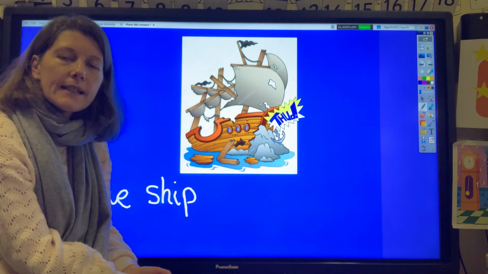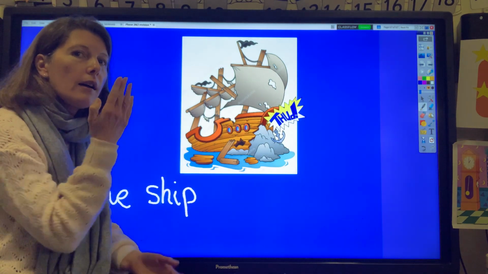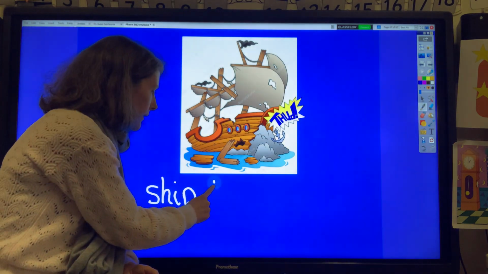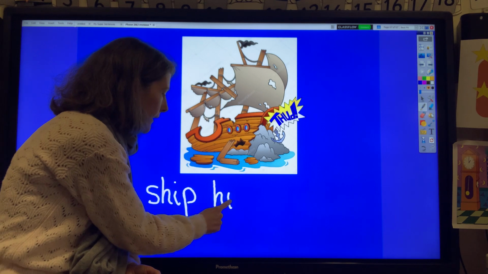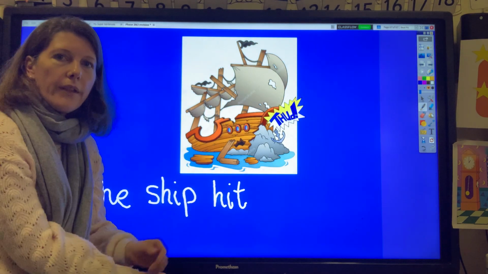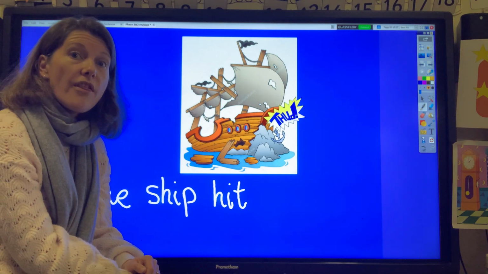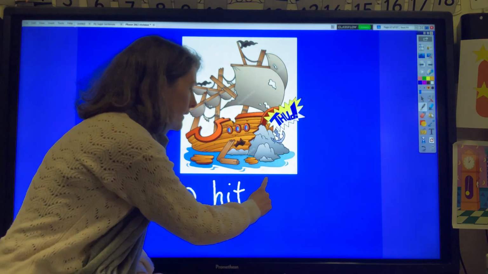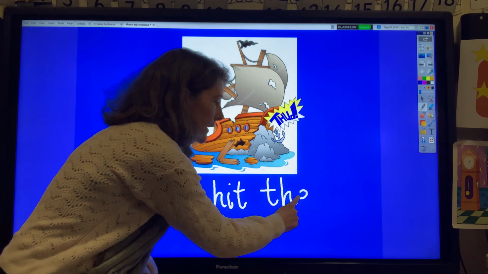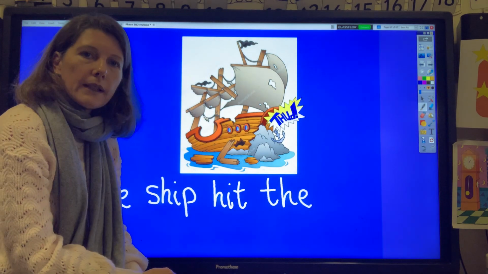What did the ship do? It hit. It hit the rocks. So we need the again. So another T-H-E, but this time not a capital letter because it's in the middle of our sentence.